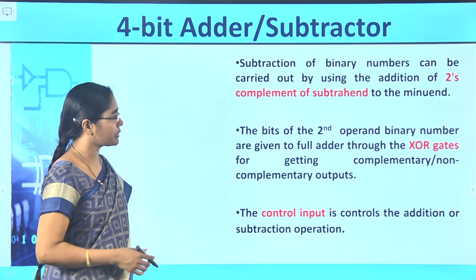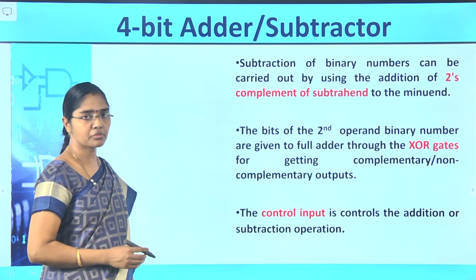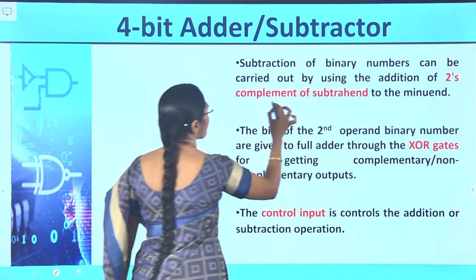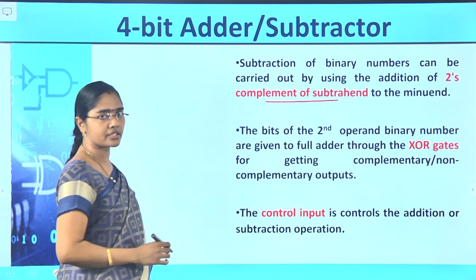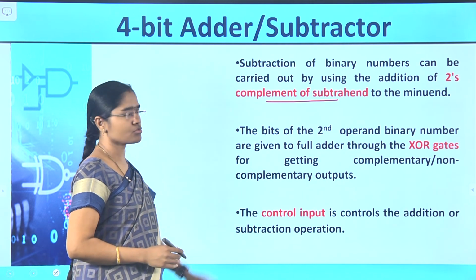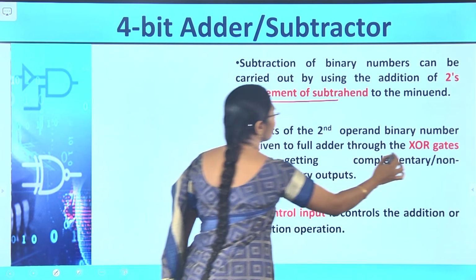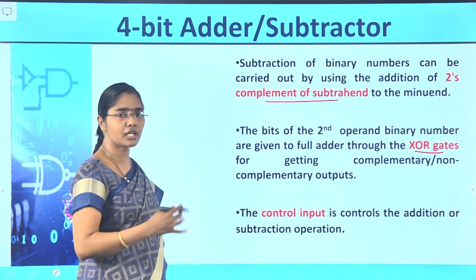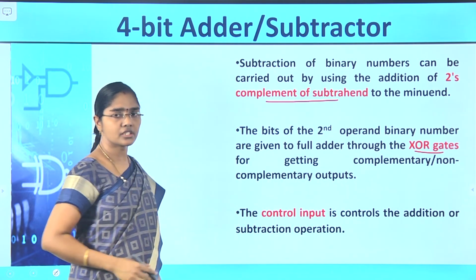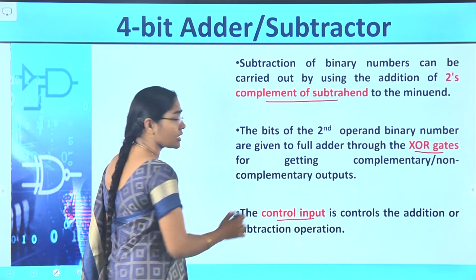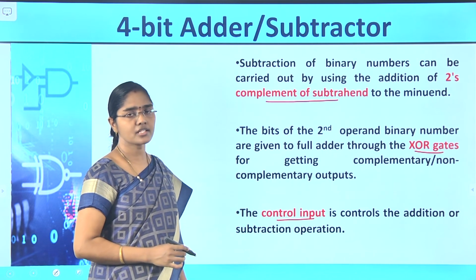The same operation is given here. What is the actual operation being done? Taking the 2's complement of the subtrahend, that is, A minus B. So for minus B, we take the 2's complement, using XOR gates for generating either B or B bar, with one extra control input as add bar subtract.